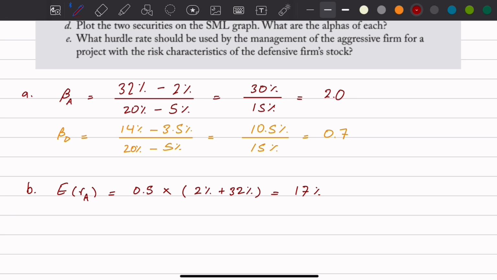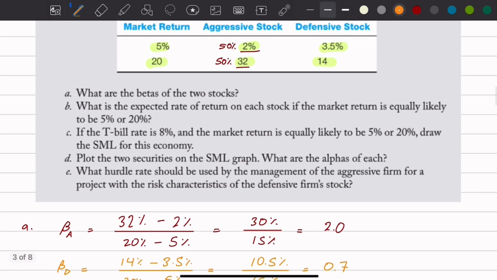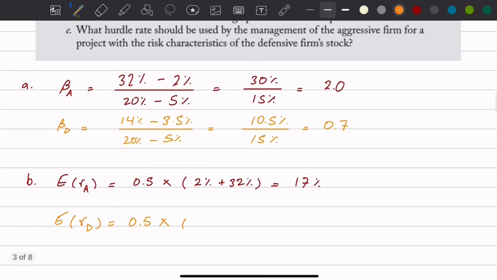And we'll do the same for the defensive stock. So the expected return on the defensive stock is going to equal 0.5 multiplied by 3.5% plus 14%.